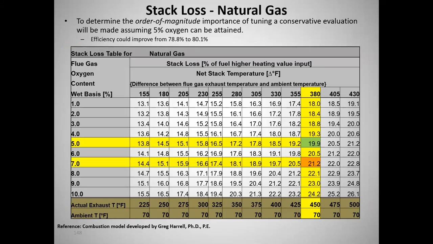So let's just do an order of magnitude on the importance of tuning. We're going to assume that we reduce the oxygen content to 5% from 7. At our initial condition of 7%, we have a 21.2% stack loss. We could drop that to 19.9% if we could just tune this thing a little better and reduce that O2 by 2%.